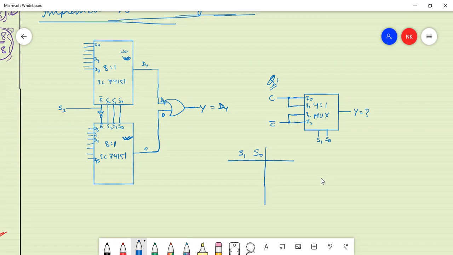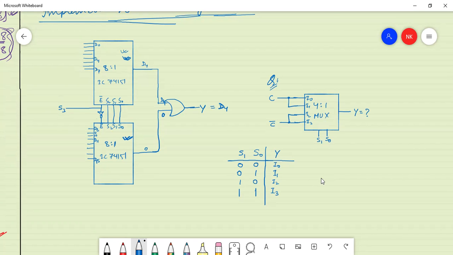So the combinations will be 0 0, 0 1, 1 0, and 1 1 for S0 and S1. Now we need the output. The output will be I0 for the first combination, I1 for the second, I2 for the third, and I3 for the fourth. What is the value of I0 and I1?